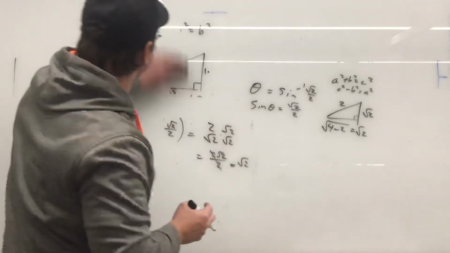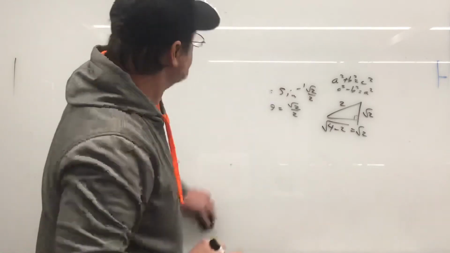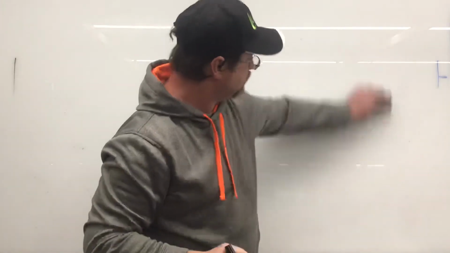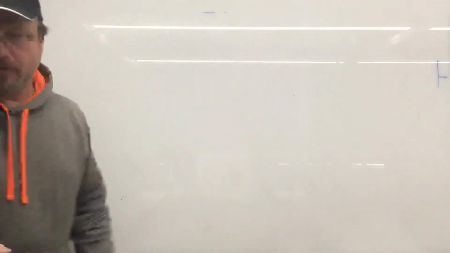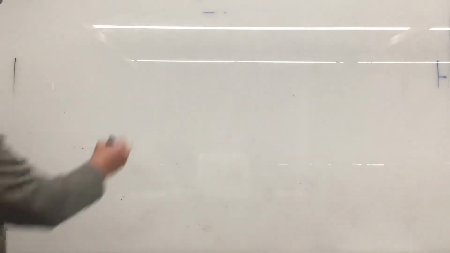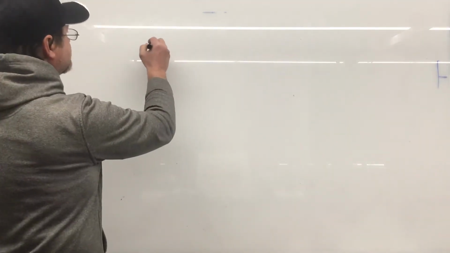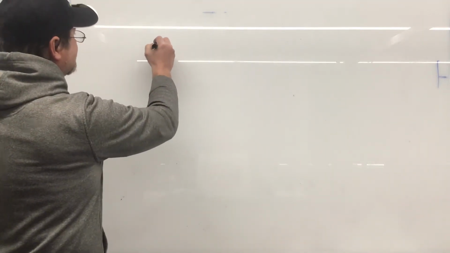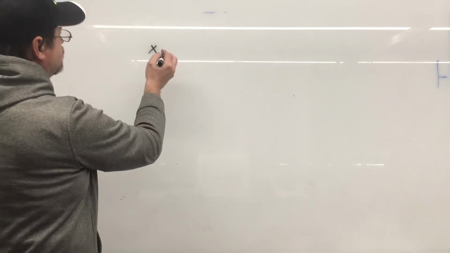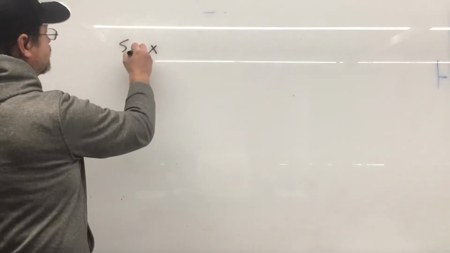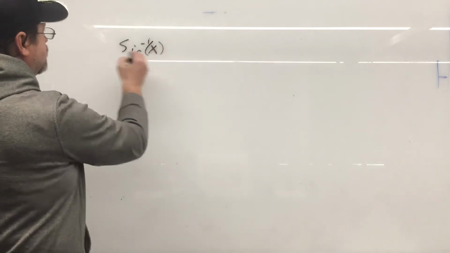Okay. Now, as far as calculus goes, we are interested in derivatives and integrals typically when we're talking about calculus. So, from a calculus perspective, I'm going to say, okay, what if we've got this: inverse sine of x is equal to y.